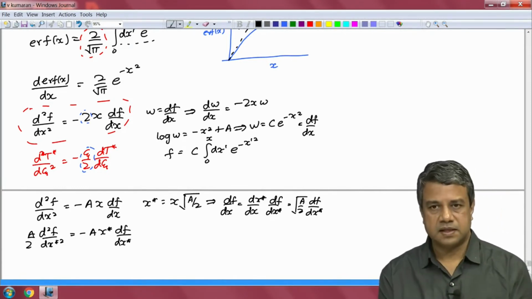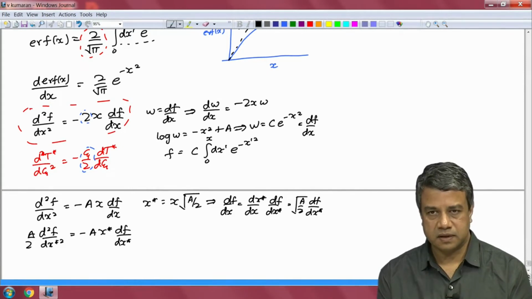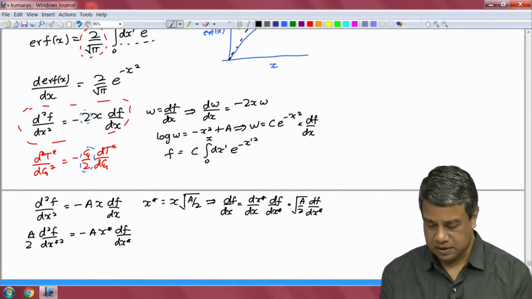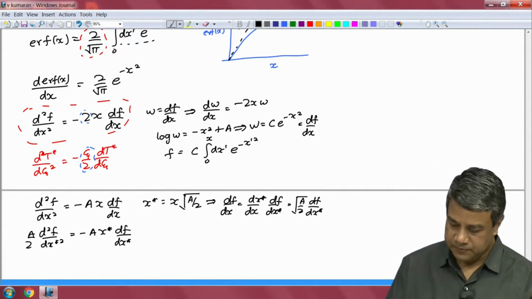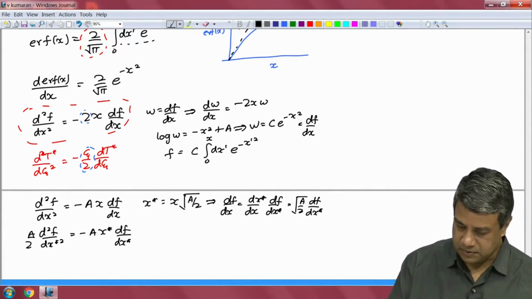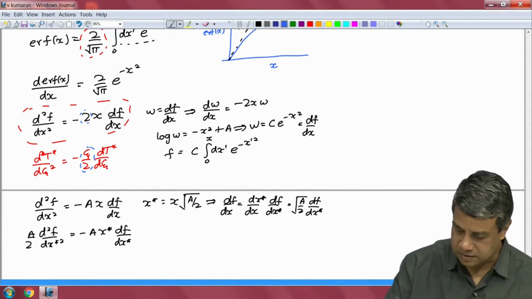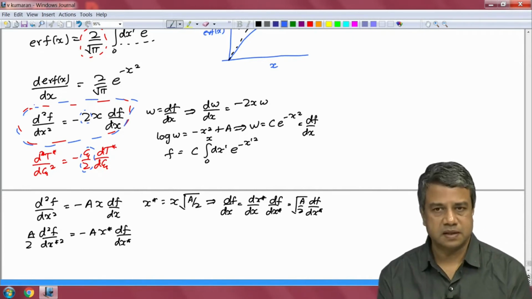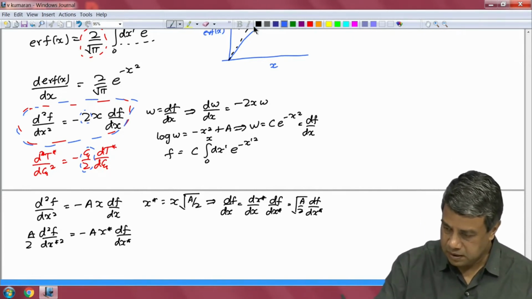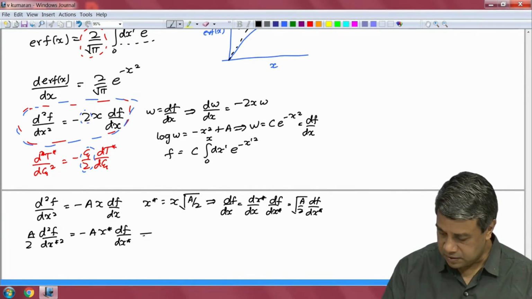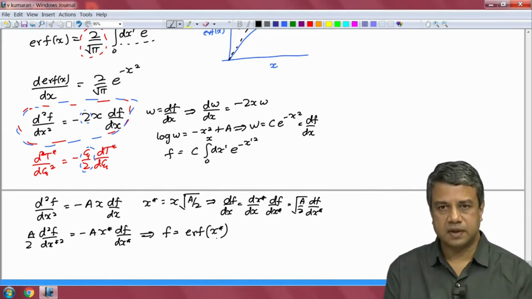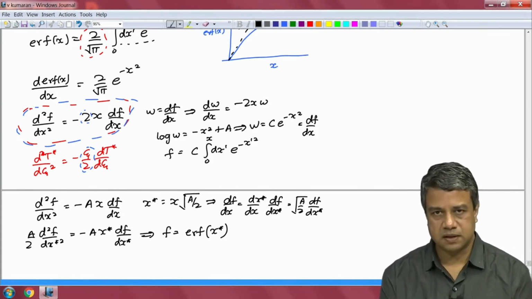On the right side I have x times d by dx, and therefore the multiplicative constants will cancel out, and I can cancel out a on both sides, and I will reduce this equation to the same form as this one. This implies that the solution is f equal to error function of x star. One of the solutions, the other one is a constant.